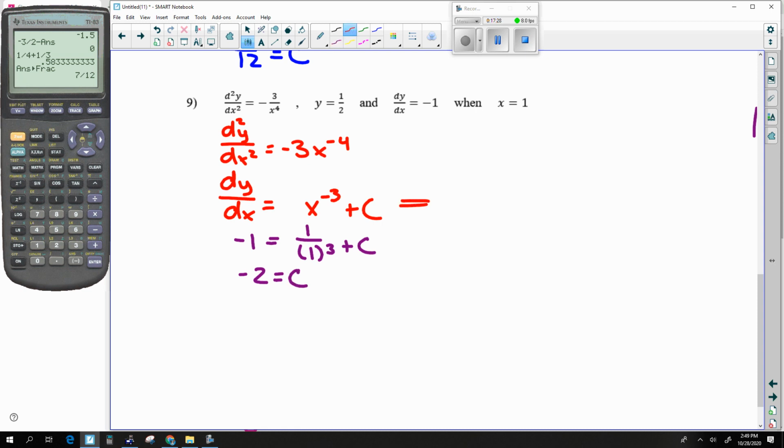So this equation is actually -3 minus 2. Okay, let's go one step further. So we anti-differentiate this. So y is equal to x to the -2, so that's -1/2 minus 2x. It gets its c.